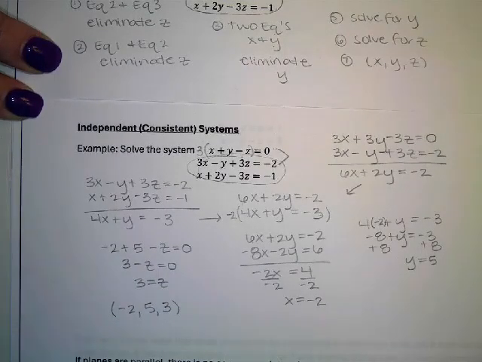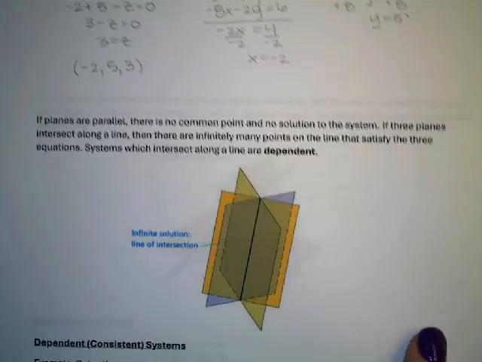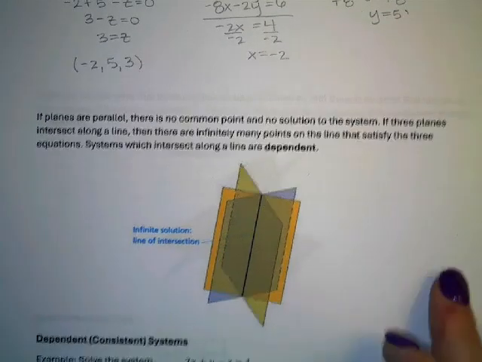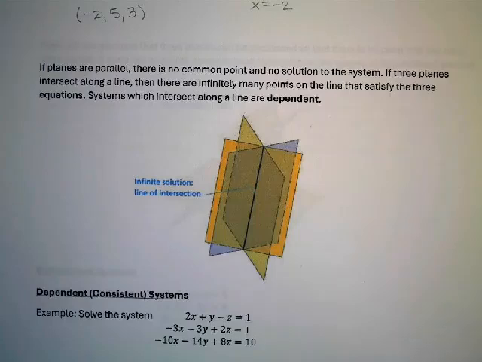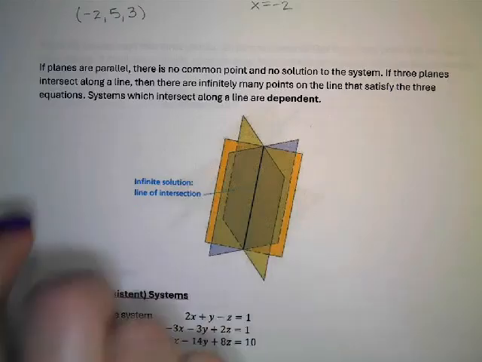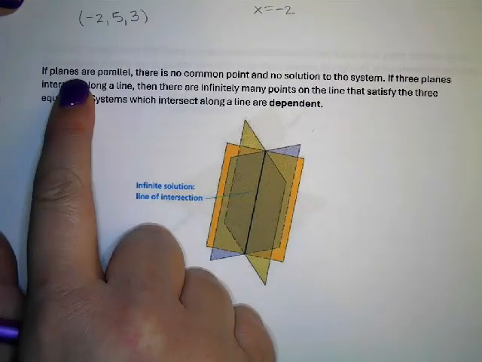Okay, so that is one type of problem we're going to look at. This next type is not going to be as common as far as the type of problems that we're going to run into. But honestly, it might be a little more common as far as, naturally speaking, what might happen if you had 3 sheets of paper that were to intersect each other. So if the planes are parallel, if the 3 sheets of paper, and when I'm talking about paper, I'm using an analogy here.